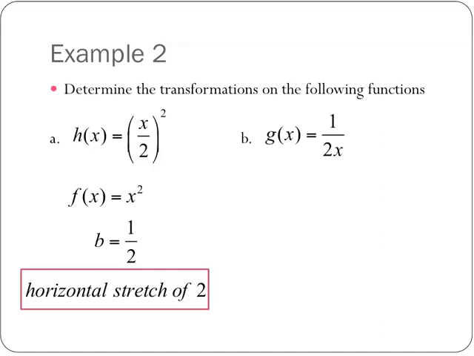Look at the next one. We have g of x equals 1 over 2x. Now this one's a little bit tricky, but notice how the x is in the denominator. So this is the reciprocal function, f of x equals 1 over x.